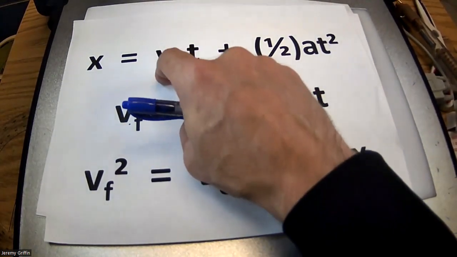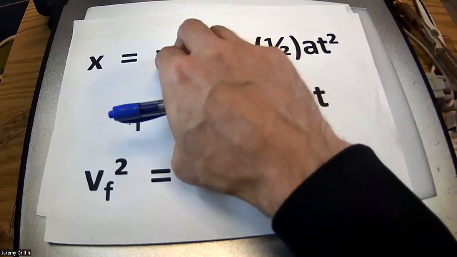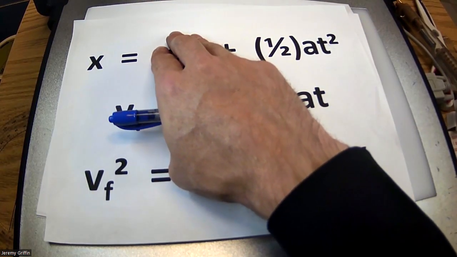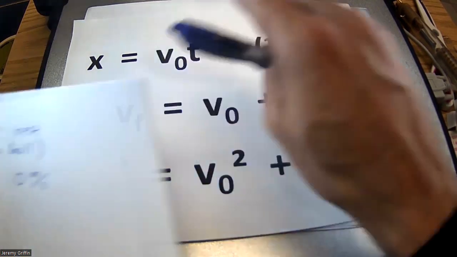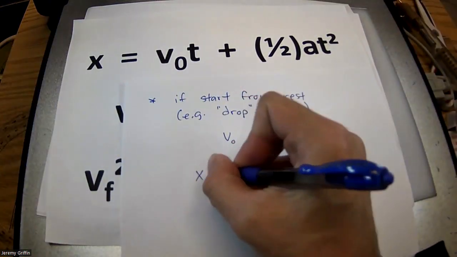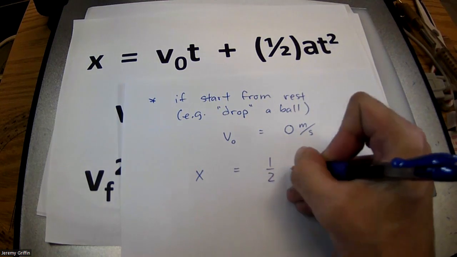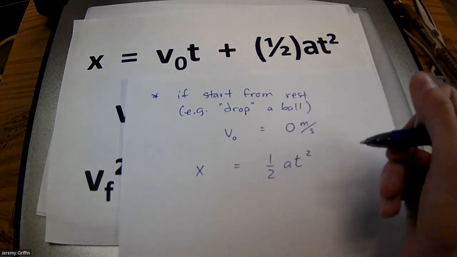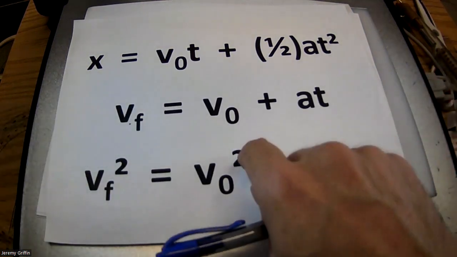Well, if this v naught goes to 0, doesn't this term go to 0? Doesn't that leave you with x equals 1/2 at squared? So I see that x equals 1/2 at squared. How about the next formula?